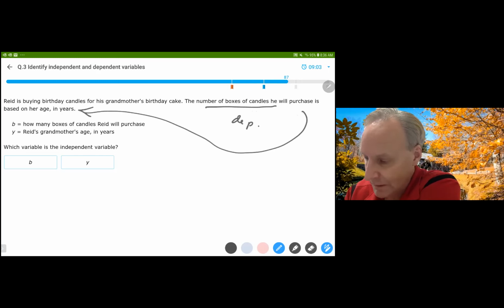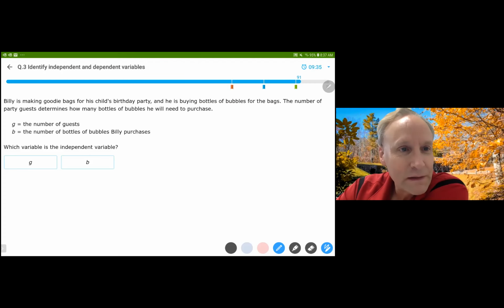Again, time. All right. She's planning a picnic. The number of veggie burgers she prepares depends. So the number of veggie burgers is the dependent, isn't it? And we're almost done. All right.